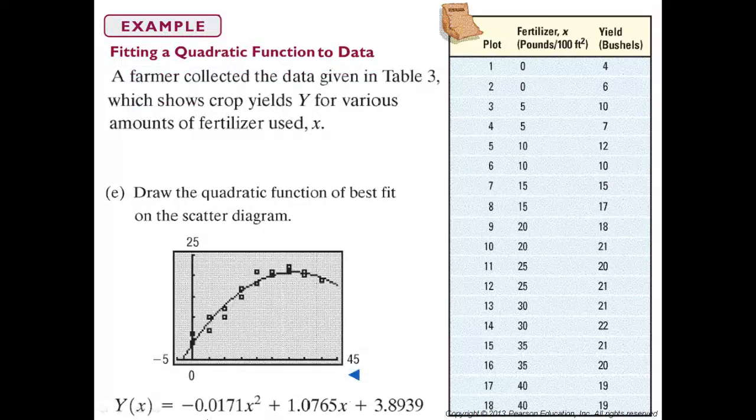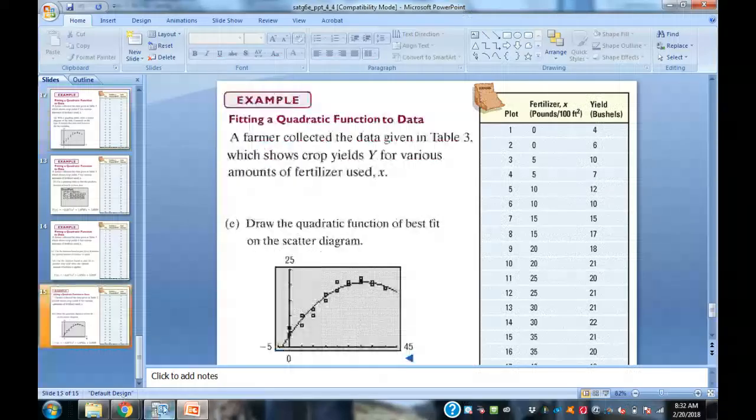We could graph that equation and use it. I'm going to show you how to do that.